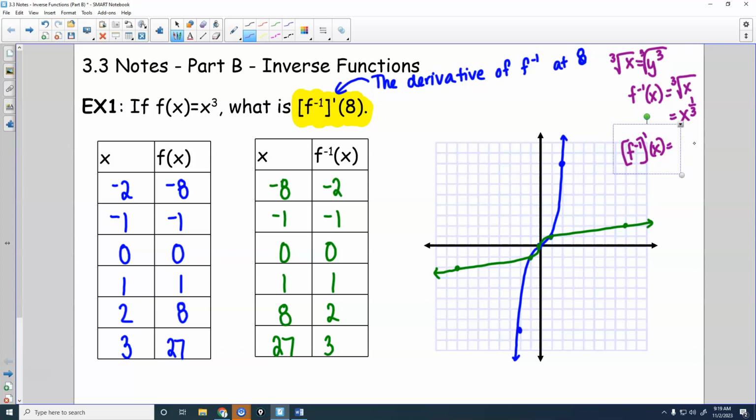And so to take the derivative of x to the 1/3, I have 1/3 x to the negative 2/3, which will be a little easier to deal with if we send that back down to the bottom, and probably even better if we make it back to a root. So 1/3 times the cube root of x squared.